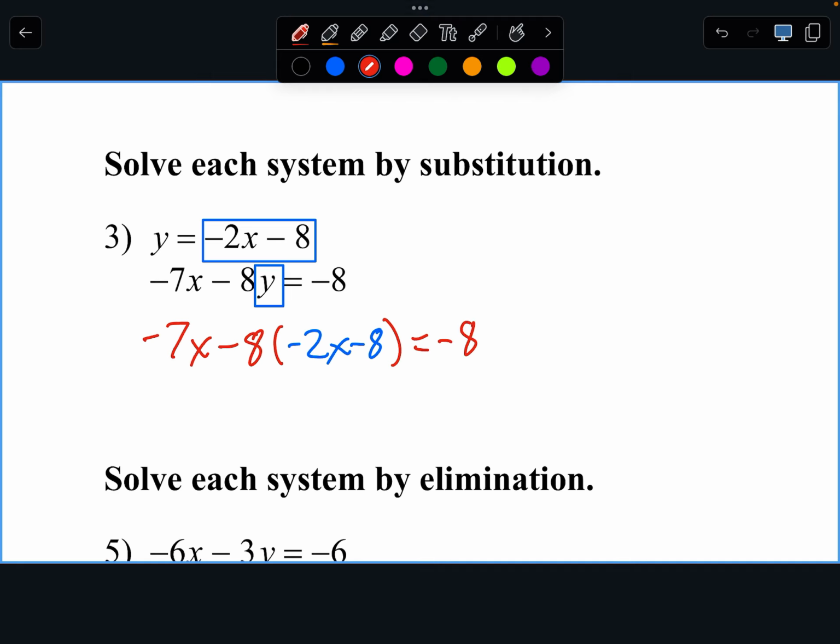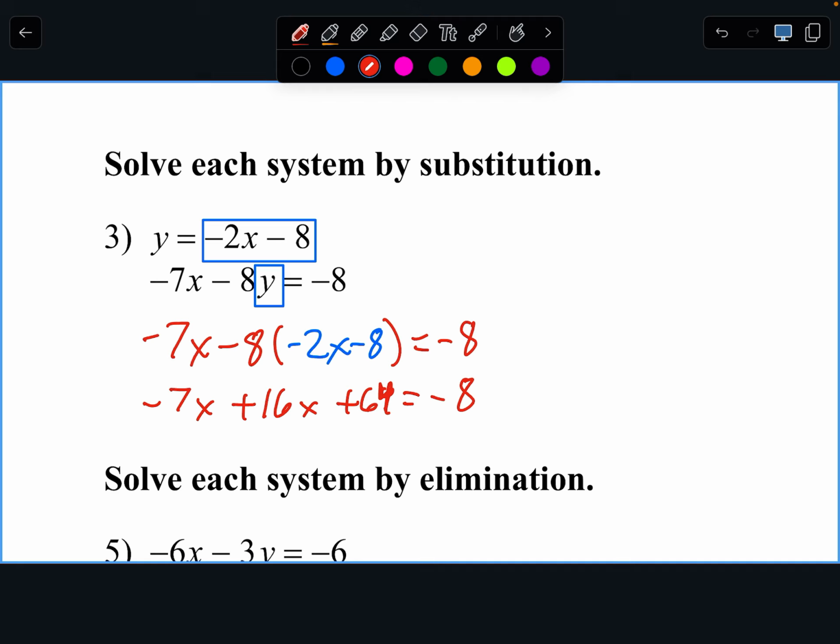Now from here, we just need to solve. Negative 7x plus 16x plus 64 equals negative 8. Okay.